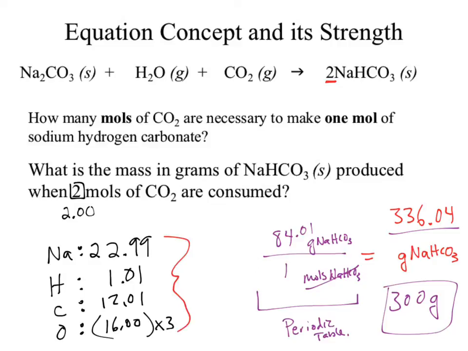We add all those up, and we should get 84.01. 23 plus 1 is 24, plus 12 is 36, 36 plus 48. I'm just going to say is 84. We just add them. Does that make sense? Does that get you, Natalie? Okay.